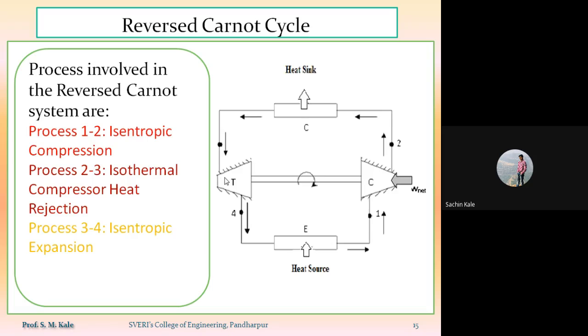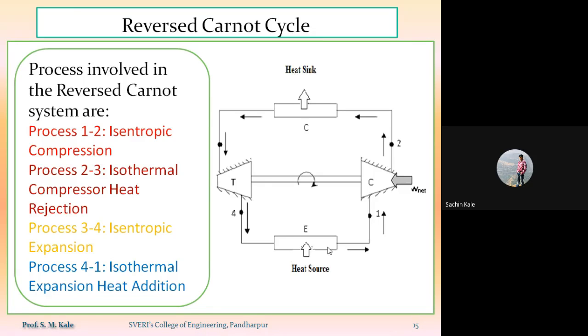Then the same air will be again passed through the expander, where further expansion will be carried out isothermally, along with heat addition. So isothermal expansion heat addition process will be there, that will be called the 4 to 1 process.